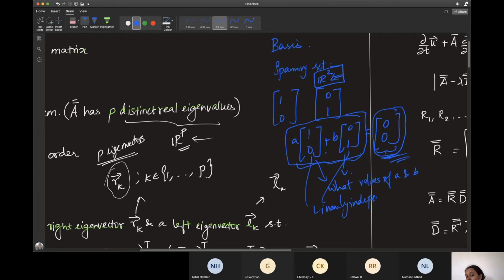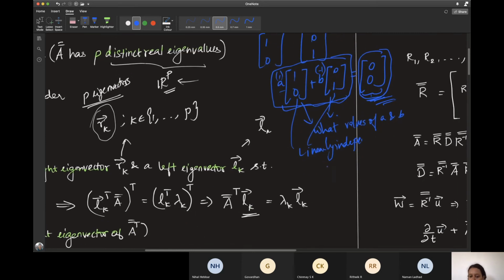When A and B are zero, you will always get the zero vector, but that should be the only possibility. No other values for A and B, like plus 1 here and minus 1 here, should lead you to a zero vector as the result. There can be other cases.